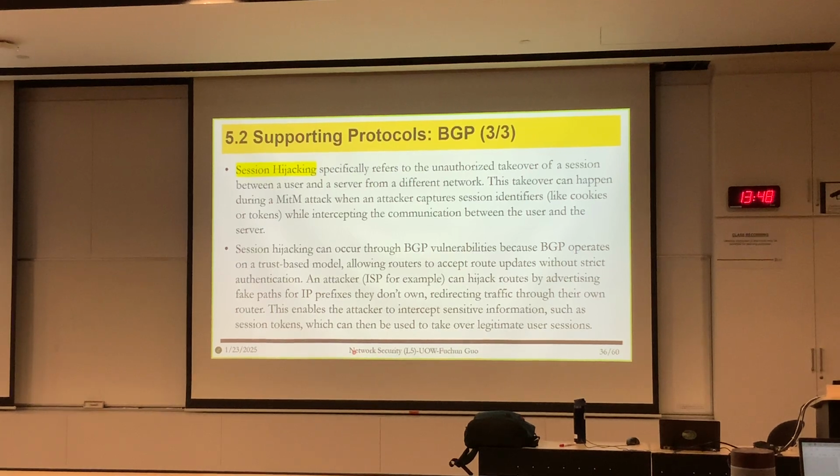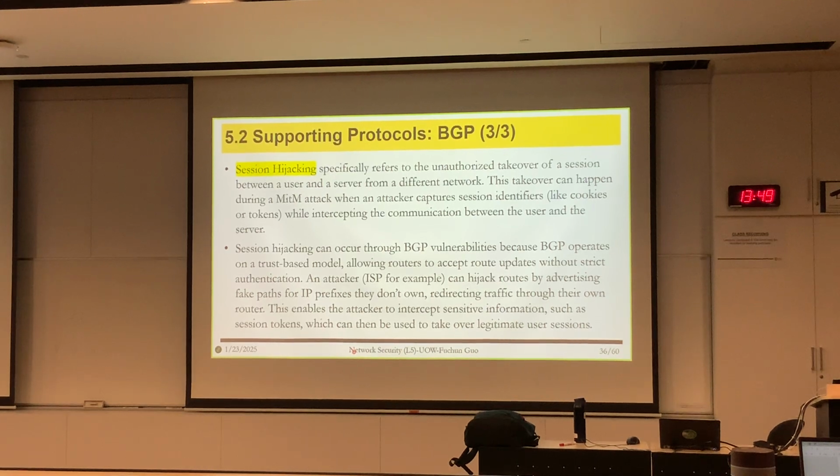And this kind of session hijacking can occur through BGP because it operates on a trust-based model. As I said, all information communicated over IP and BGP is assumed to be honest. This allows routers to accept route updates without strict verification. An attacker, such as an ISP, can hijack routes by advertising fake paths for IP prefixes as if they own them, redirecting traffic through their own route.